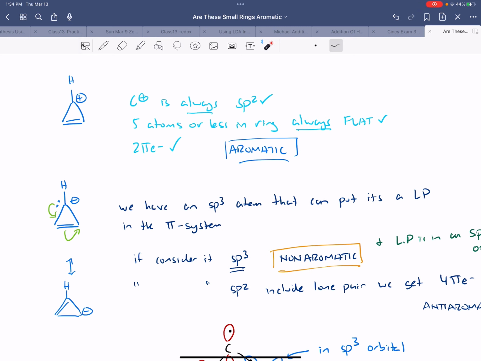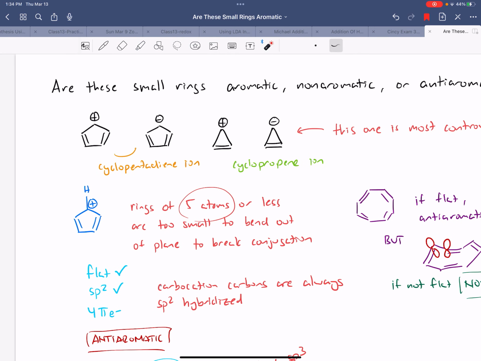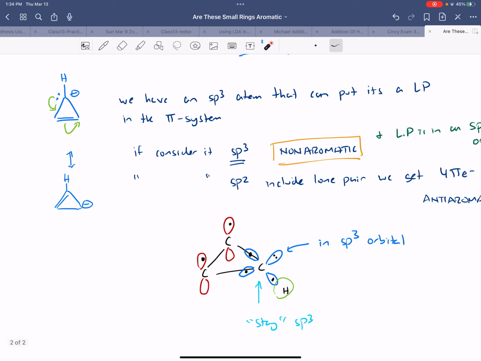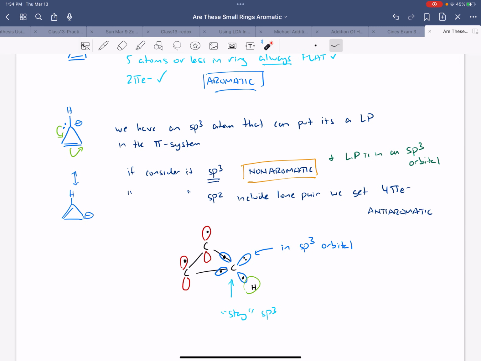What was the 5-membered ring plus anti? Okay, good. And then the last one, the controversial one, let's keep this sp3. Because if we include the lone pair, we would bump up to 4 pi electrons, which would make it anti-aromatic. So let's not do that. Let's keep it sp3. Let's make the lone pair in an sp3 orbital and make it non-aromatic. Non-aromatic is a much better situation, much more stable situation for a molecule than being anti-aromatic.